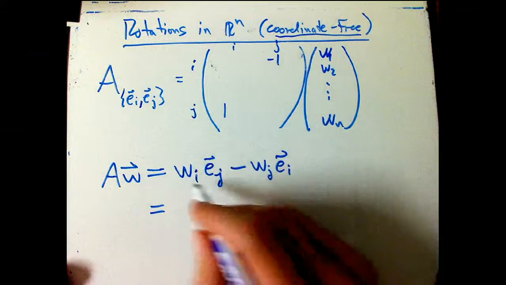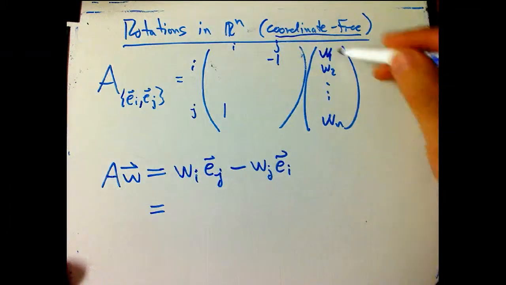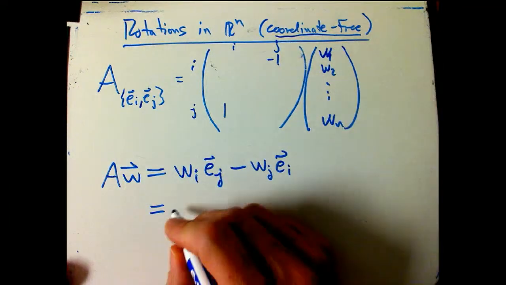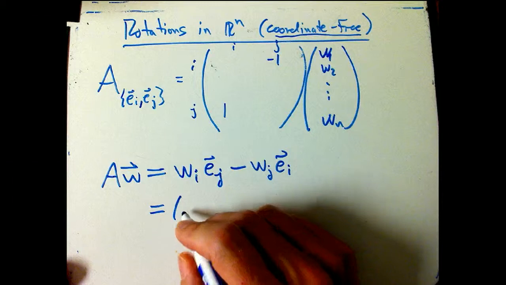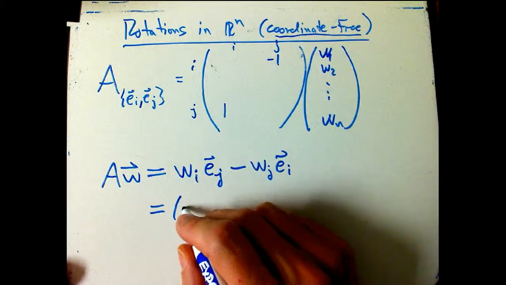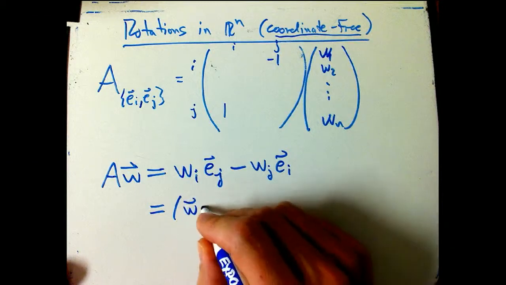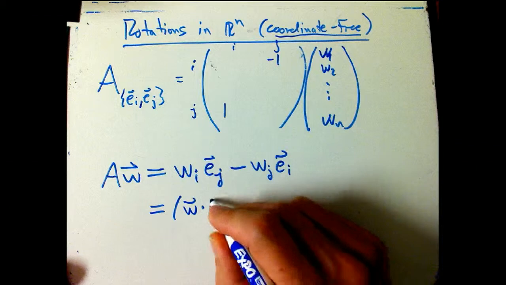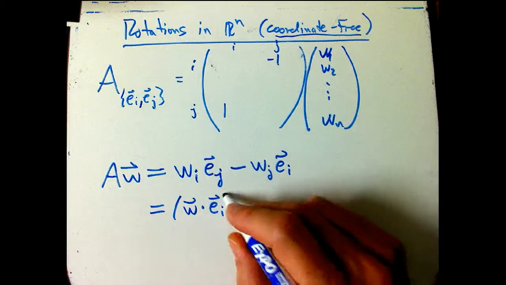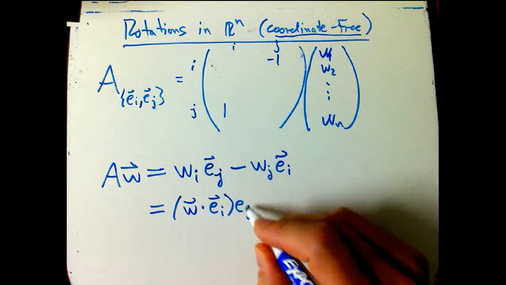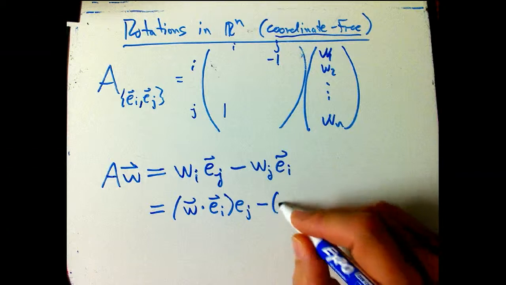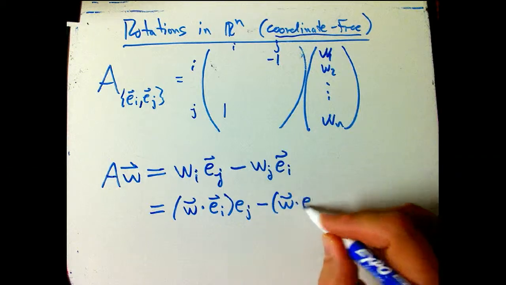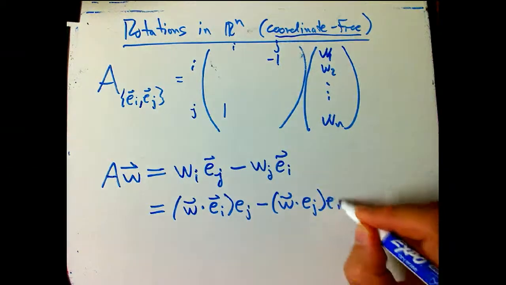What's a good way to think of Wi as something that comes out of the vector W? It's the dot product of W dotted with Ei, and then times Ej. And then this is the dot product of W dot Ej with Ei.